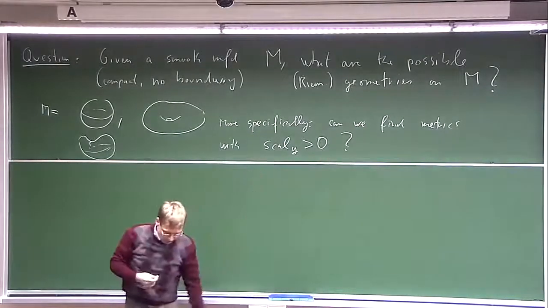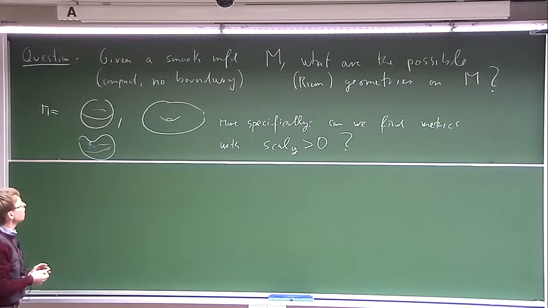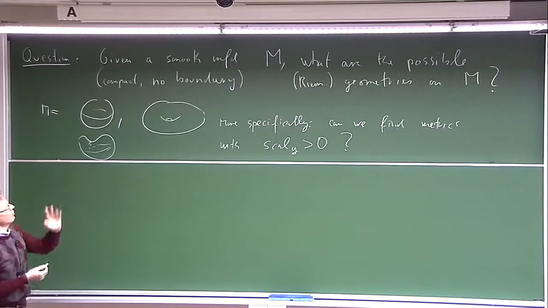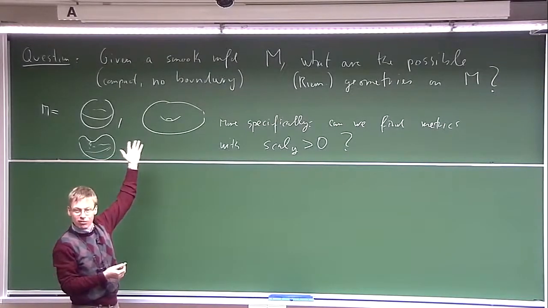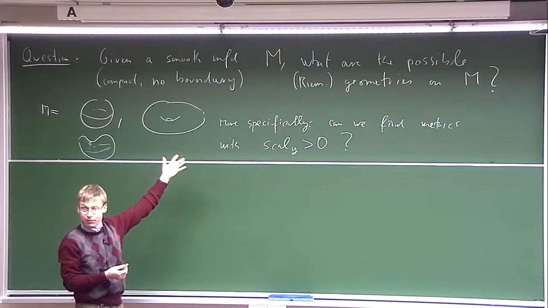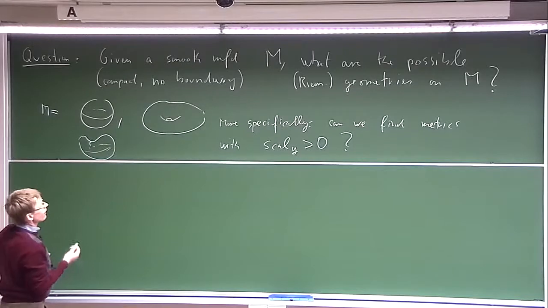We'll see in a second why this particular question is particularly interesting. So that's making this general question, which is very vague, slightly more specific. Right now we have a very concrete question to answer, and before we can answer it, we should understand a little bit about this scalar curvature.